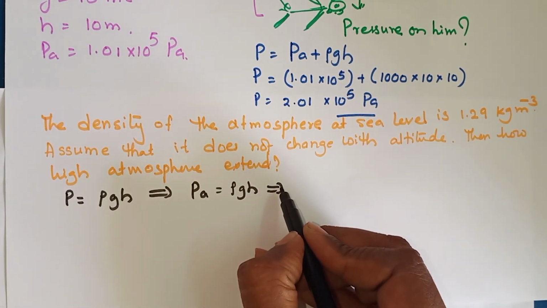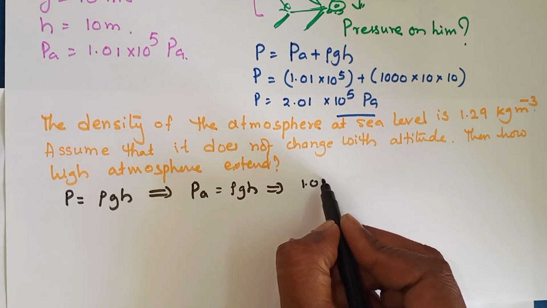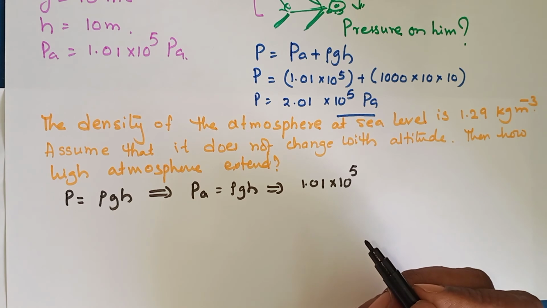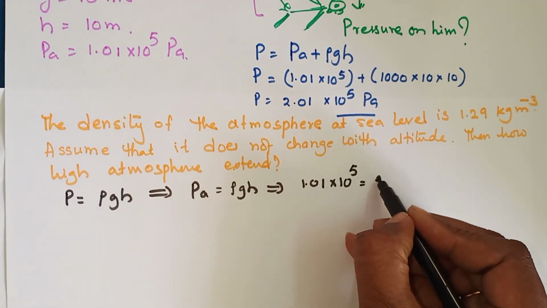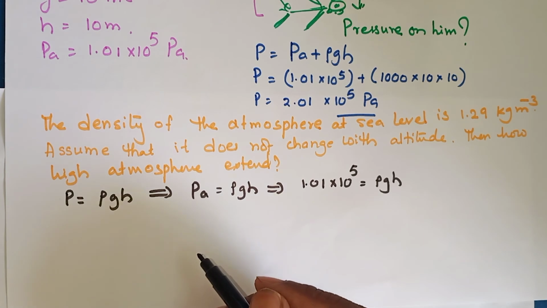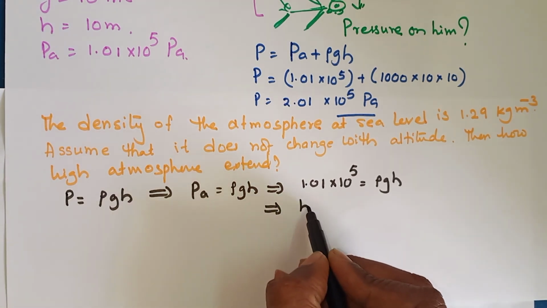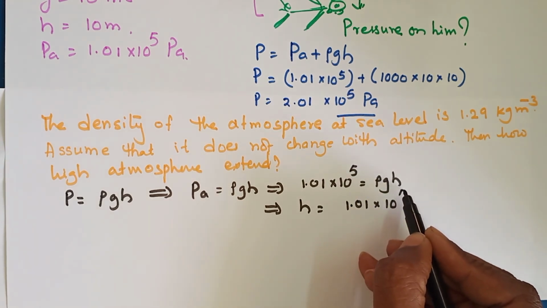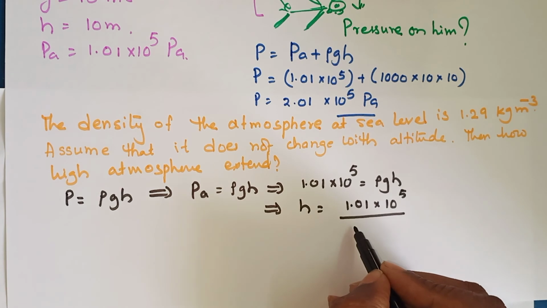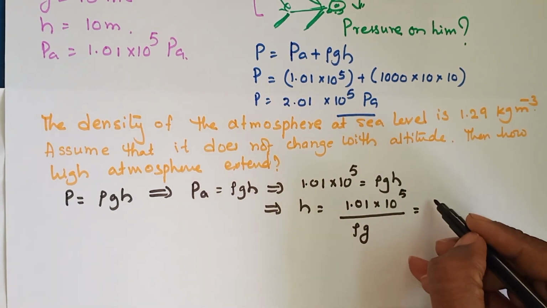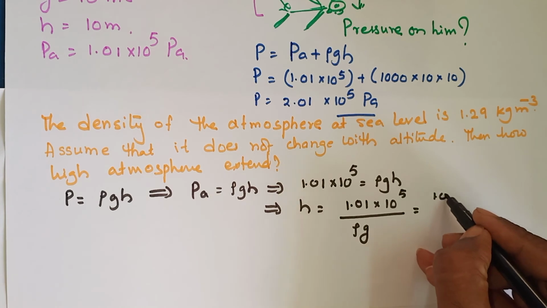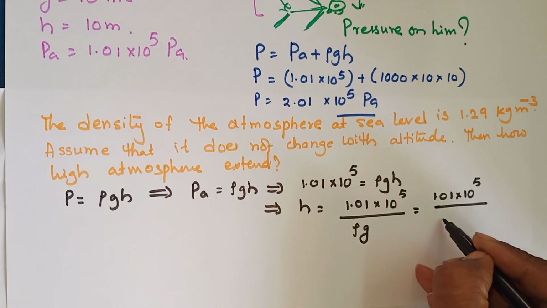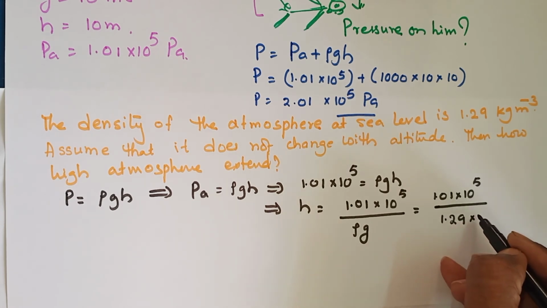What is atmospheric pressure? 1.01 times 10 power 5 Pascal, which is equal to rho g h. Height can be 1.01 times 10 power 5 divided by rho times g. That is 1.01 times 10 power 5 divided by 1.29 times 10.